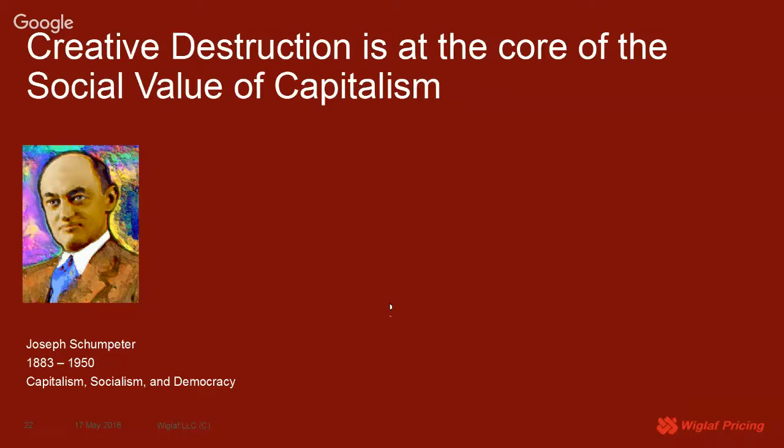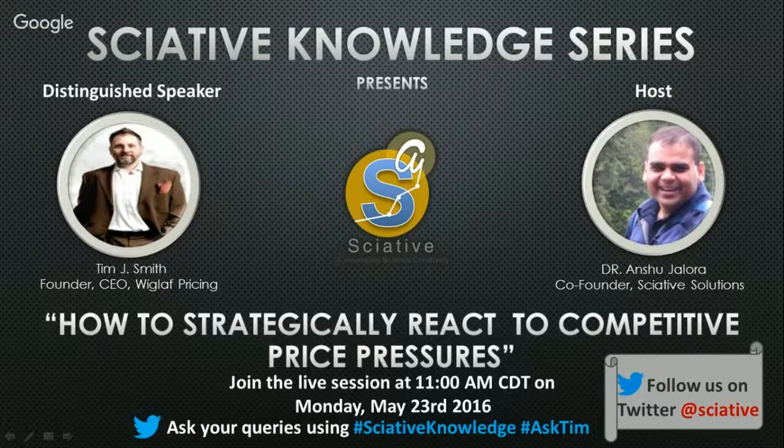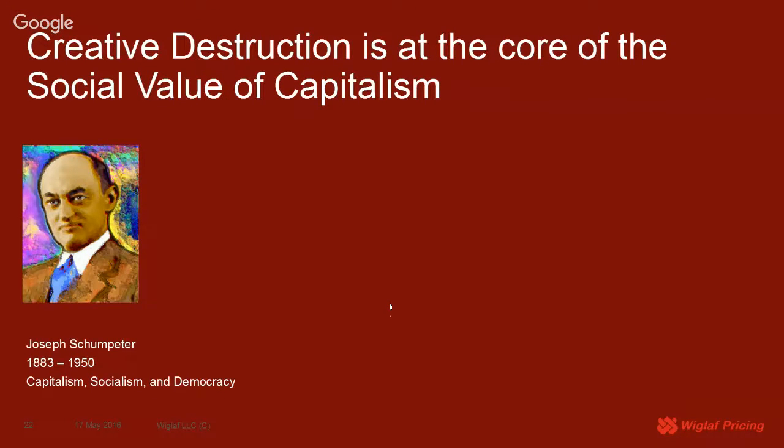He wrote his book, Capitalism, Socialism, and Democracy, around 1945, I believe. He coined this term creative destruction, talking about the point of capitalism being to unleash the ability to create new solutions to problems. And when that new solution is there, it may destroy the old firms that were in that market. It happens all the time in business.